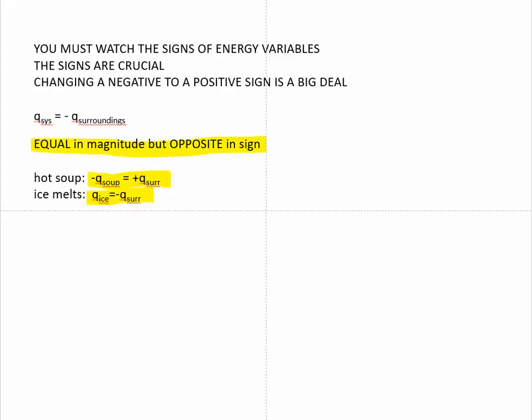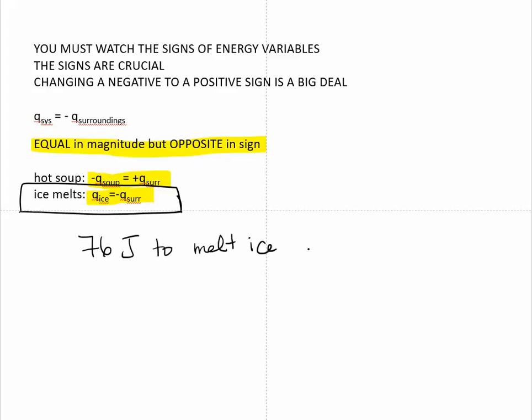So let me put some numbers to this just so it makes sense. I'm going to be making these up. These aren't real. So if we look at the ice melts, let's say that it takes 76 joules to melt whatever quantity of ice we have. That means the surroundings lost 76 joules.